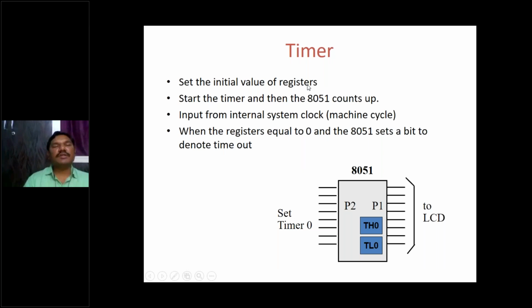It can count from 4 zeros to 4 ones. Set the timer registers and start the timer, and then the 8051 counts up from the internal system clock, that is the machine cycle, until the register equals 0, and the 8051 sets a bit to denote time out.